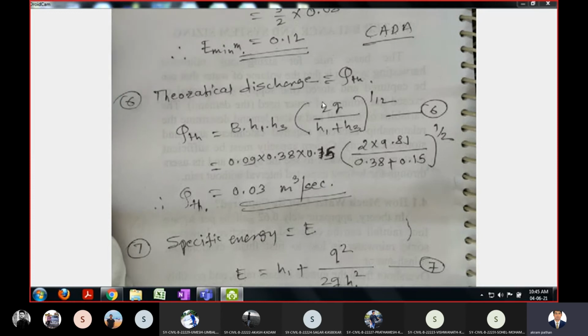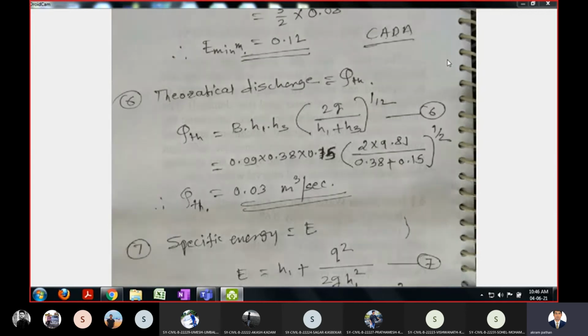Now this is the manual calculation, but if you do this calculation with a certain program, nowadays everywhere there is a program. Once you input some of the important formulae or some of the important values, automatically you will get critical velocity, critical depth, specific energy, if you input 3 parameters only in that program.